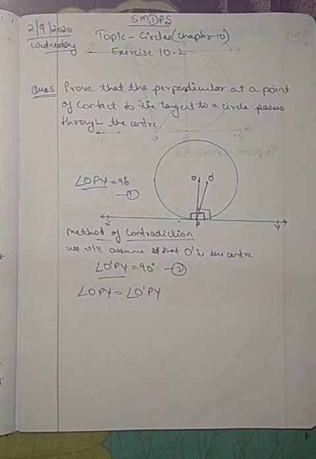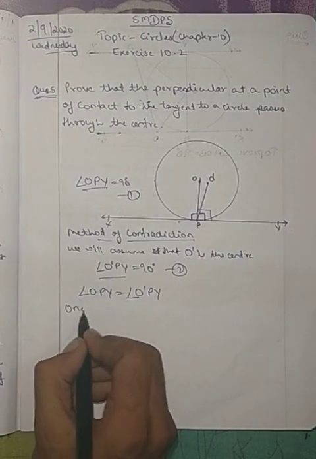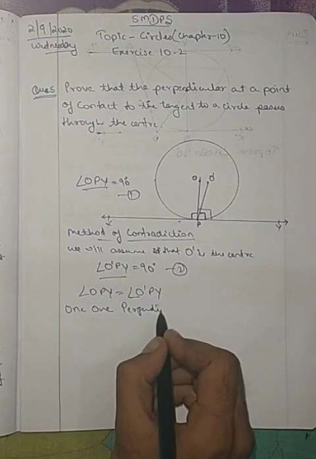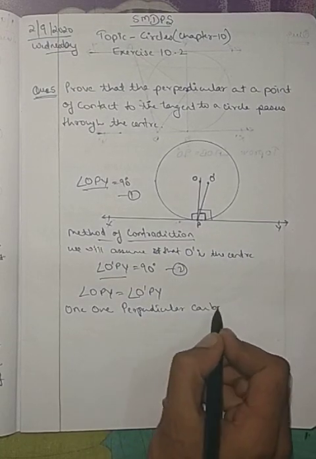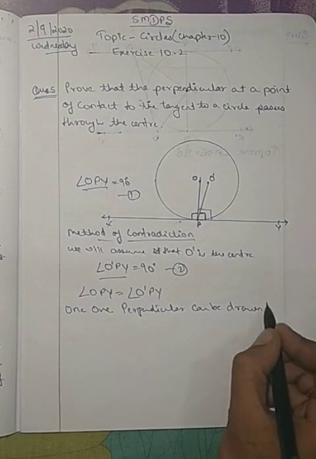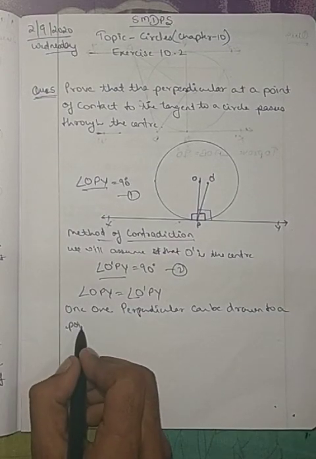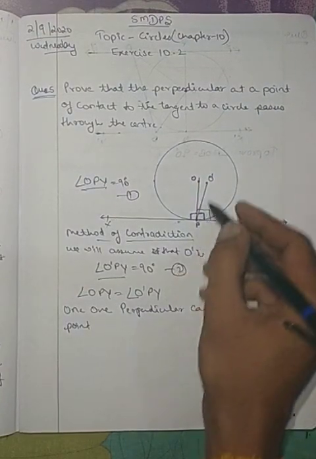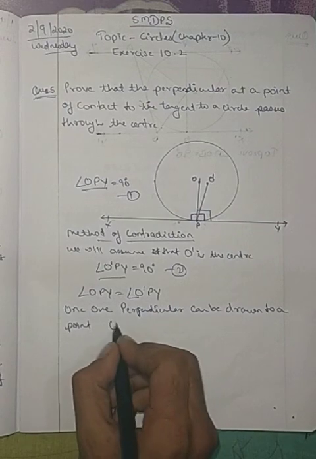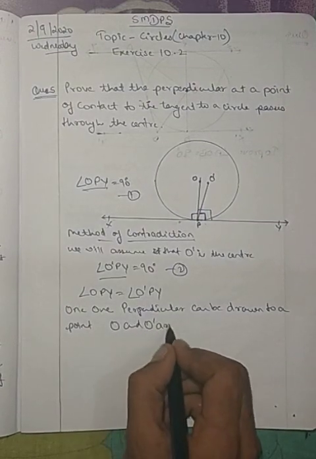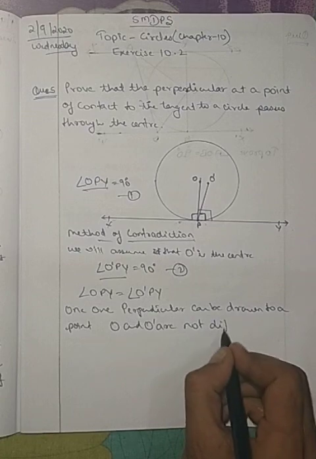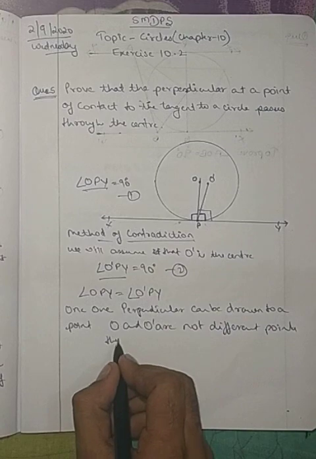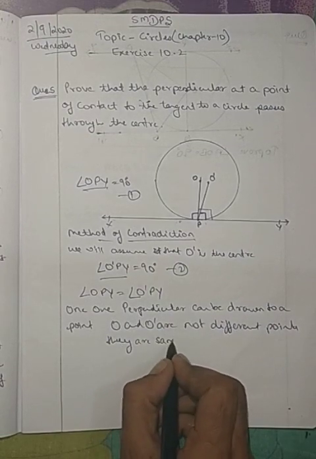Both the angles are equal, and we already know that only one perpendicular can be drawn to a point. Means if I try to draw many perpendiculars at point P, actually it will be the same line. So O and O dash are not different points, they are the same.